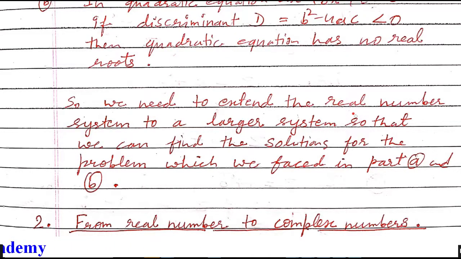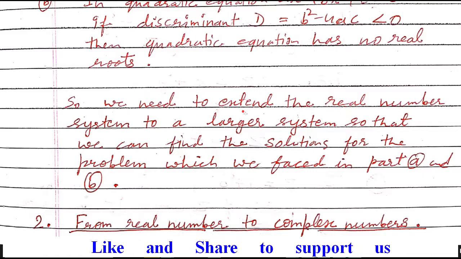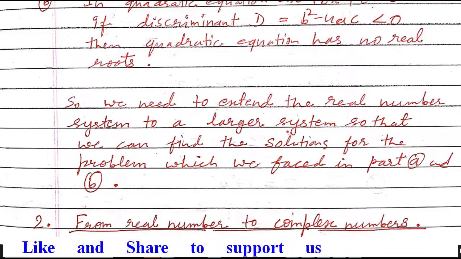The real number system is the number line which you have drawn from childhood to the 10th class, including positive numbers, negative numbers and 0, all the rational numbers and integers. In that we cannot find any solution for negative numbers. That's why we have to extend the real numbers to a larger system.